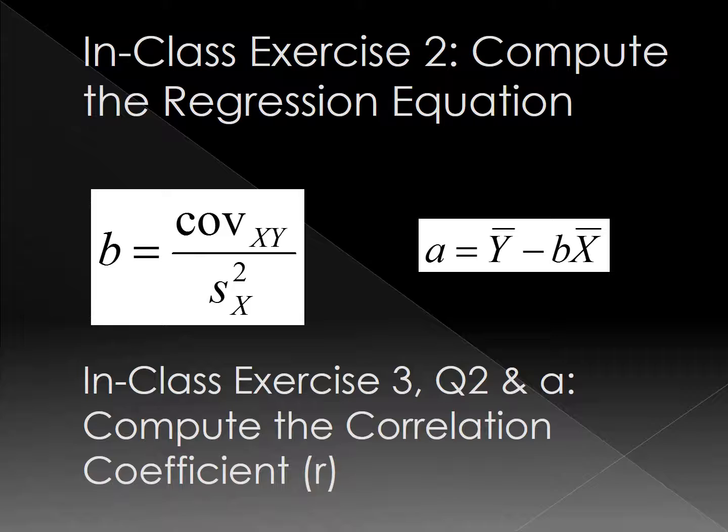I want you to work on question 2 and A. Question 2 asks you to compute the correlation coefficient, using the table on the handout. And question A asks you to describe the relationship between B and R. Give yourself some time working on this question. After you finish question 2 and A, then you can move to the second section of the lecture.